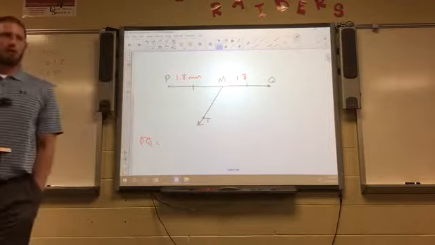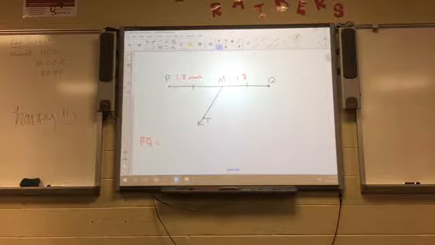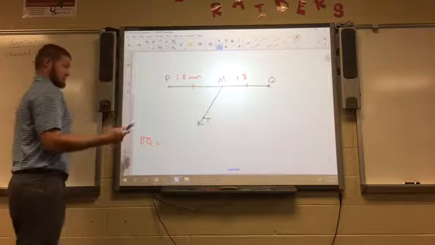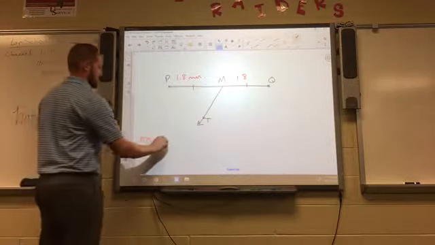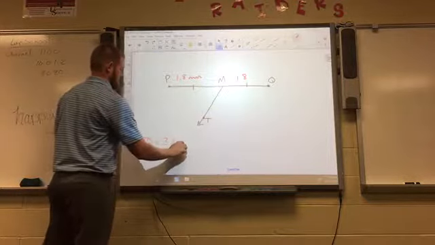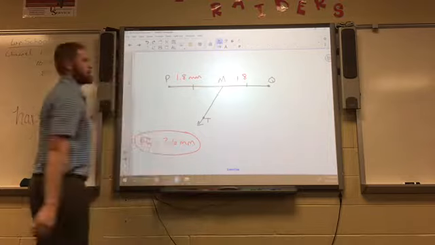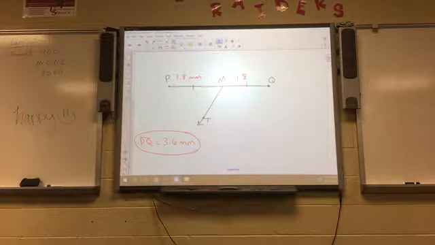I know that's 1.8 also, right? So she took 1.8 plus 1.8, or 1.8 times 2, same thing, and got 3.6 millimeters. Just pay attention to those tick marks. We're going to use those a ton. They're going to tell us things are the exact same length, and that's really going to help us out many times.